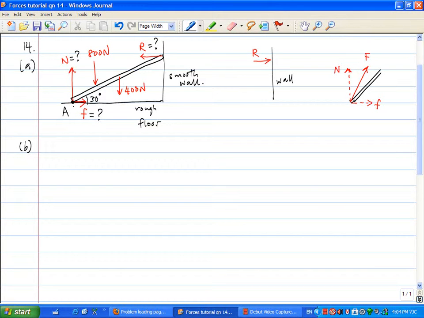So since the ladder is not rotating, it means that it has rotational equilibrium.